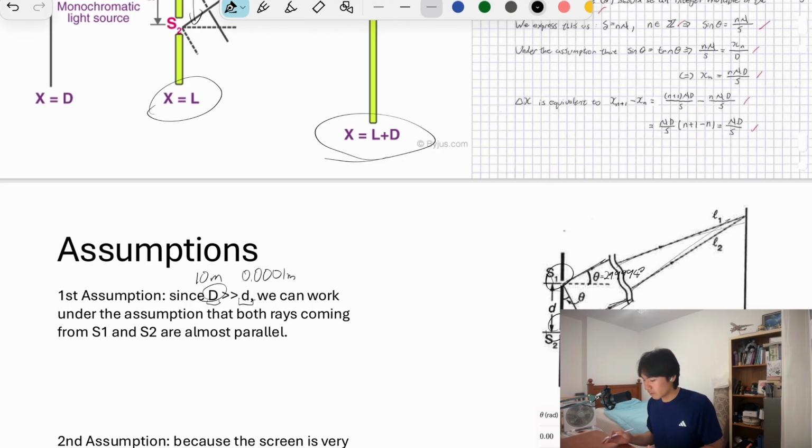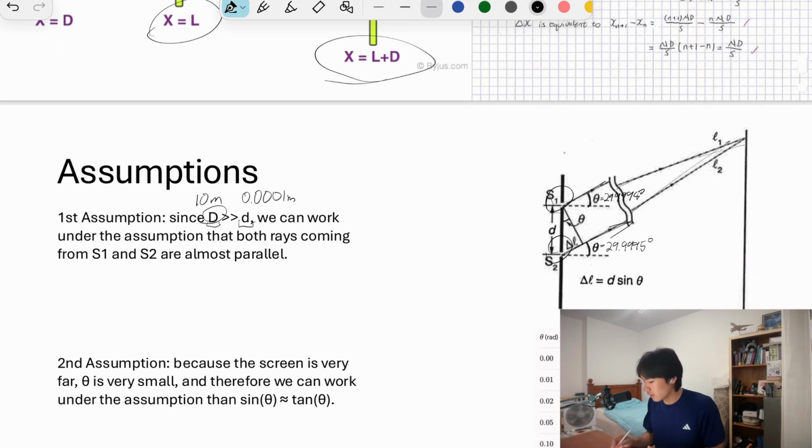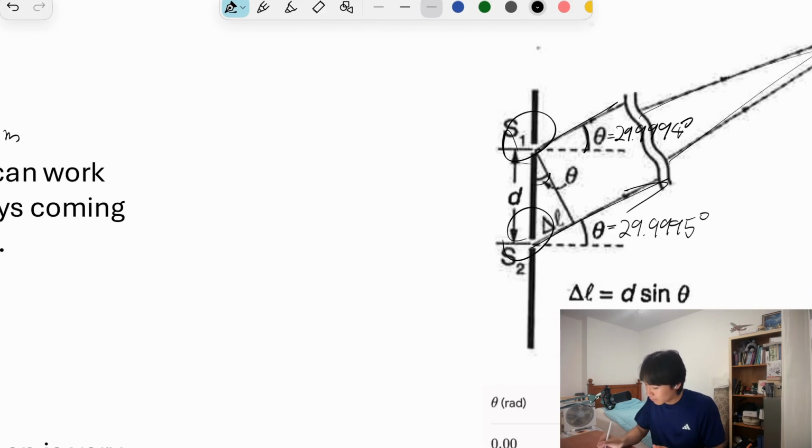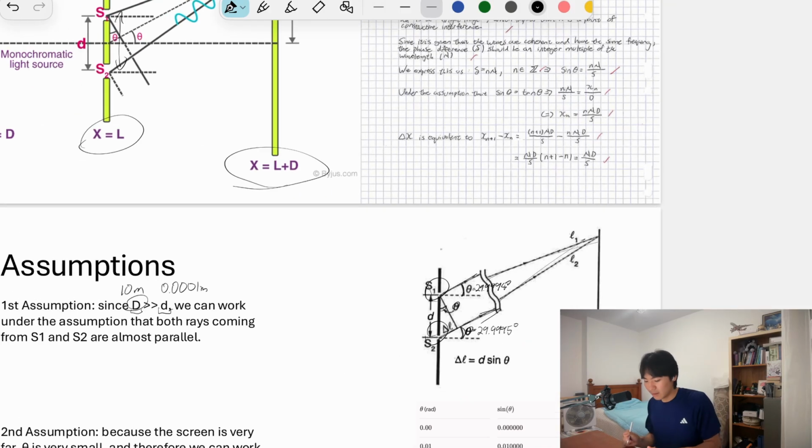Under that assumption, we can say the two incoming rays are parallel, which means this angle theta and this angle are both theta.